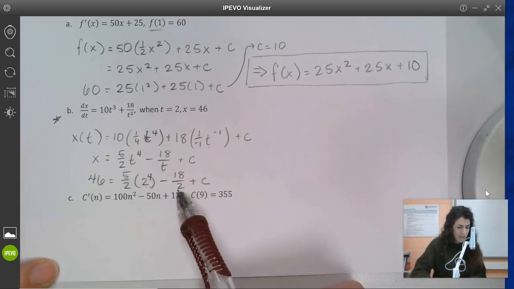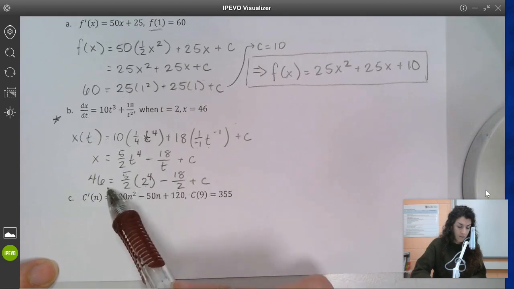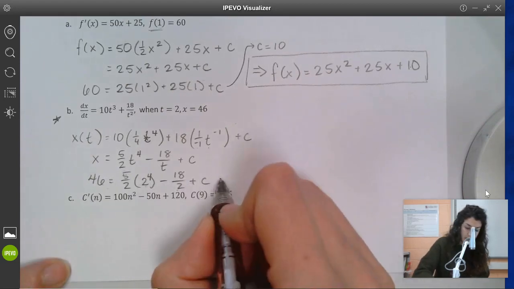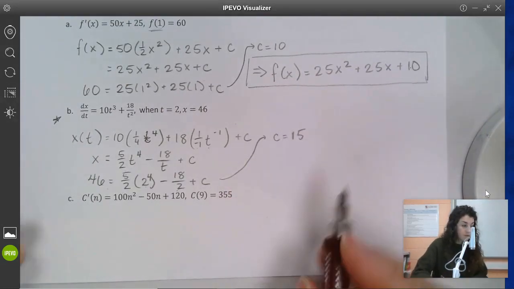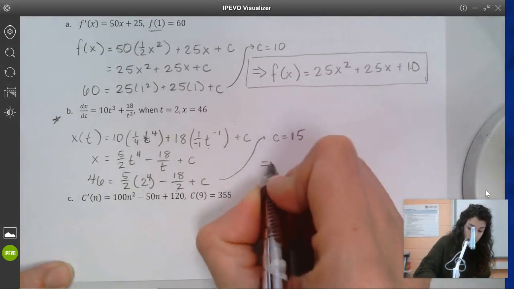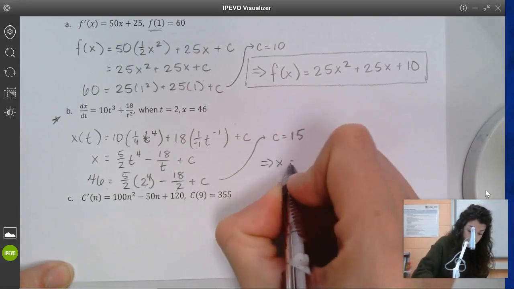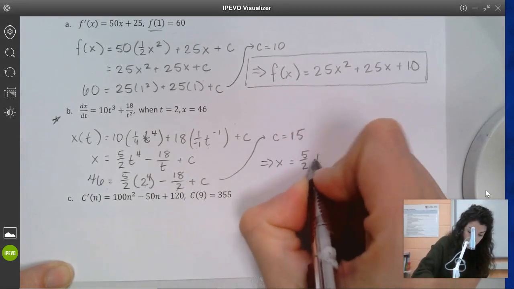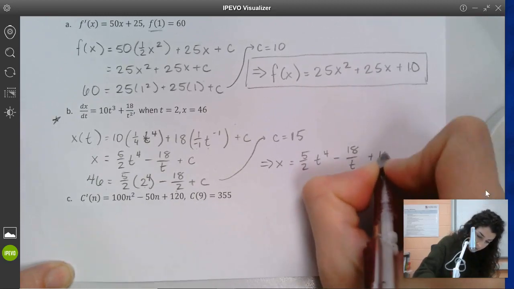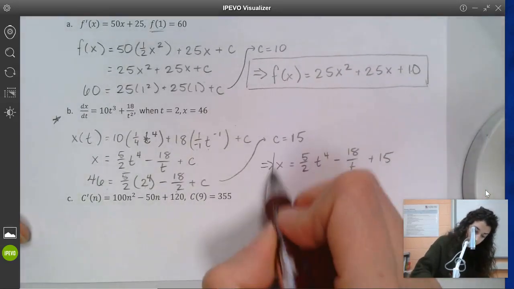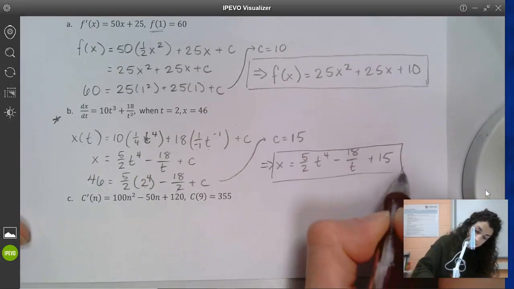That's 40 minus 9, I think. So 31, and then subtracting 31 from both sides would give us c equals 15. Or you could have used numerical solve. And then we get our final specific function is 5 over 2 t to the 4th minus 18 over t plus 15. Weird looking function, but that's what it is.